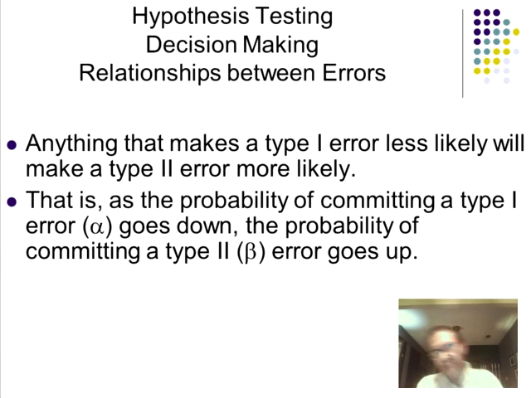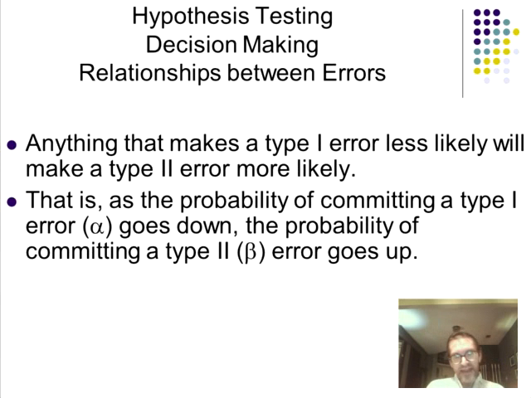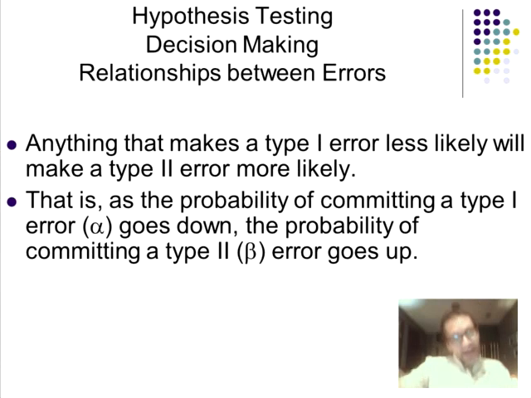So I want to talk about these errors a little bit, because when we do hypothesis testing, here's the problem. I've told you this before: I am an experimental researcher and I study human decision making.